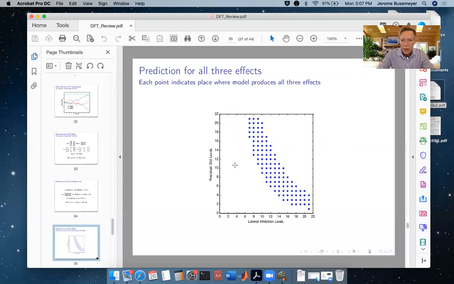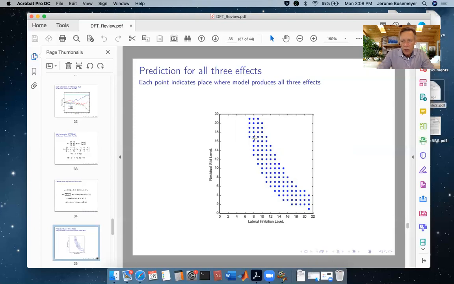Over here, if the lateral inhibition gets too low, you'll maybe get a similarity effect, but you won't get any attraction effect. If the lateral inhibition is high, but the noise is too high, you won't get a similarity effect. You'll just get an attraction effect. But in the middle, you'll get all three effects. So there's a broad range where you can get all three.